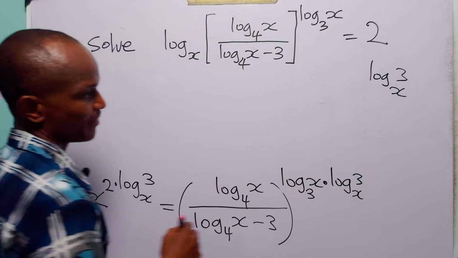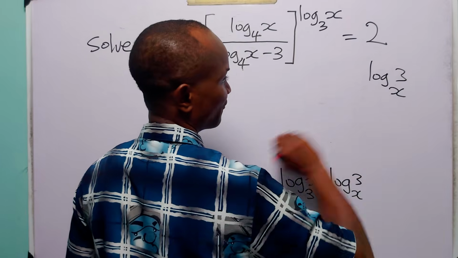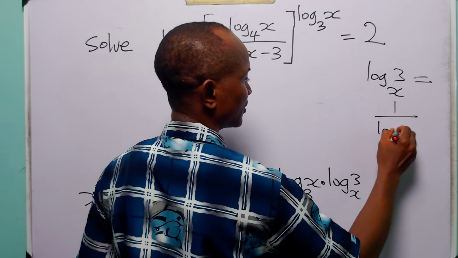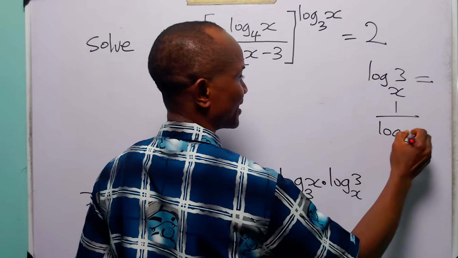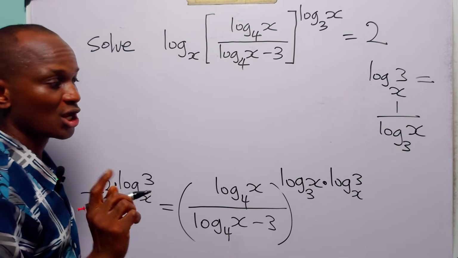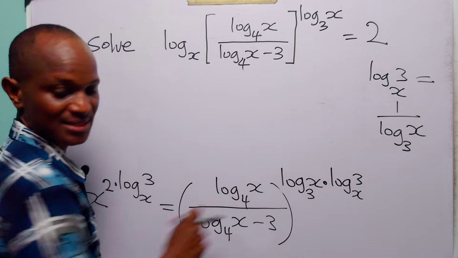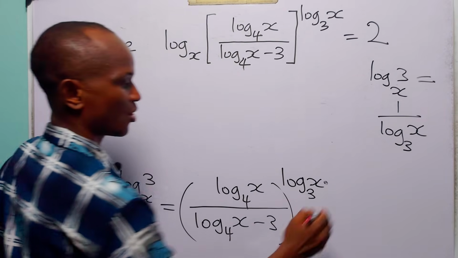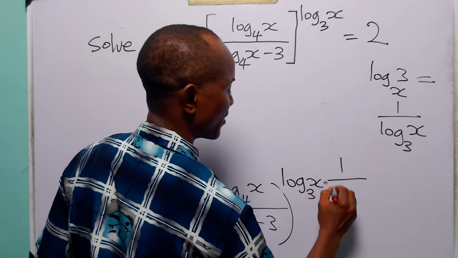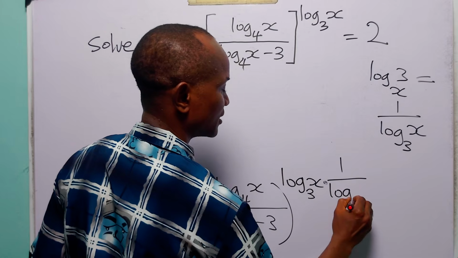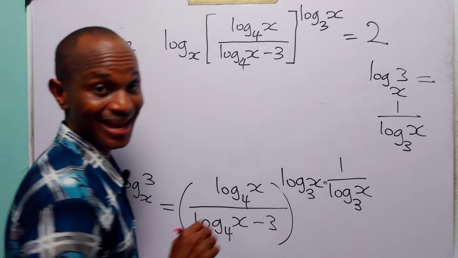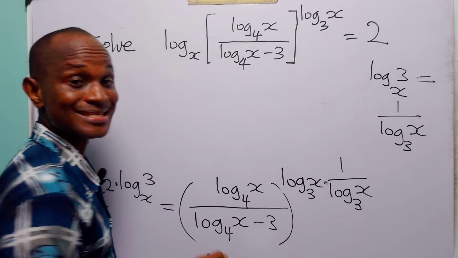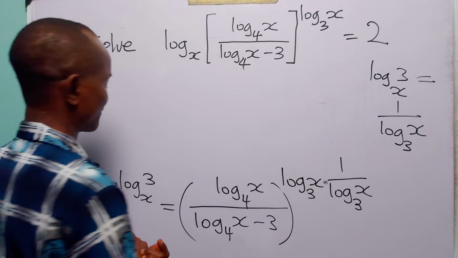But now, let us remember that log to base x of 3 is equal to 1 over log to base 3 of x. So that means that we can replace this with 1 over log to base 3 of x. And of course, you know that this multiplied by this is equal to 1.